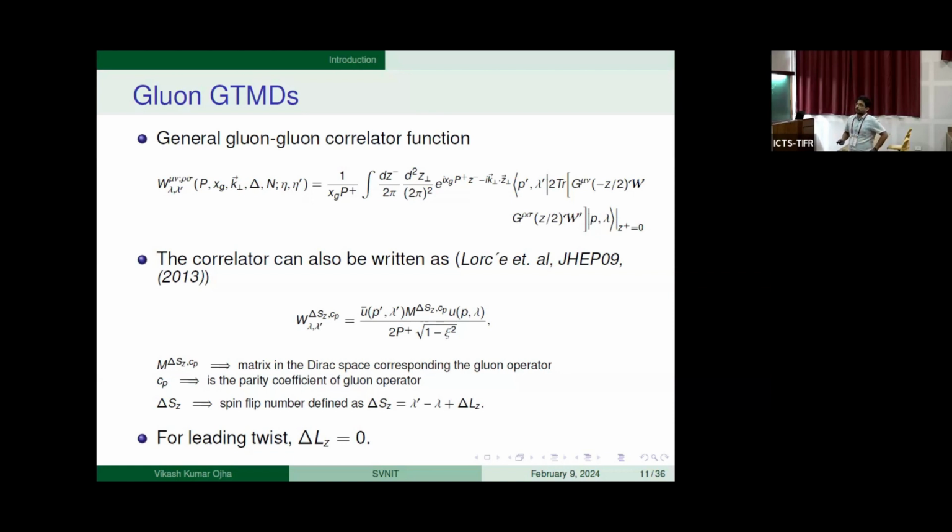In this particular case, when you parameterize, you will see that this particular term you can write in this combination, where S_z is defined by this particular quantity. C_p is the parity coefficient of the gluon operator, and this particular M is the matrix in the Dirac space corresponding to the gluon operator. If you are more interested in this, you can look at this particular reference. It has been given there in detail.